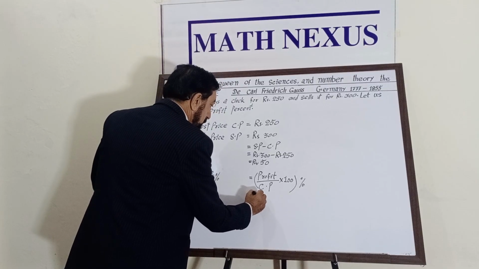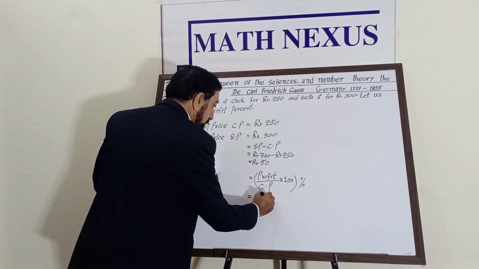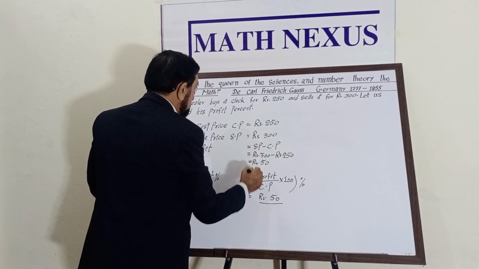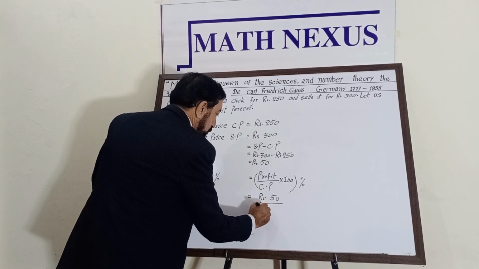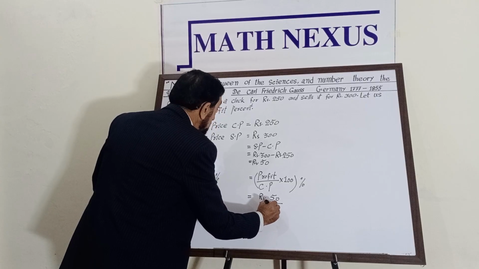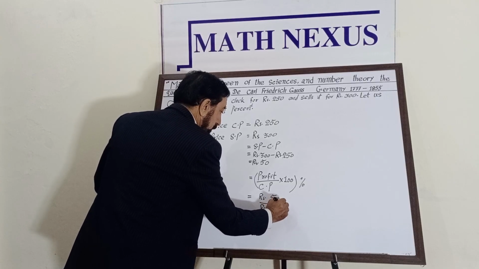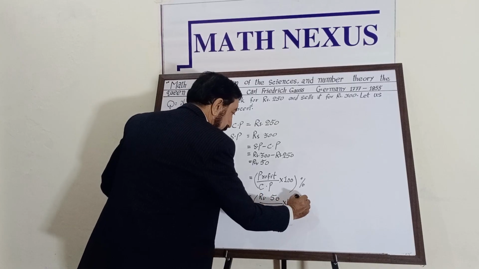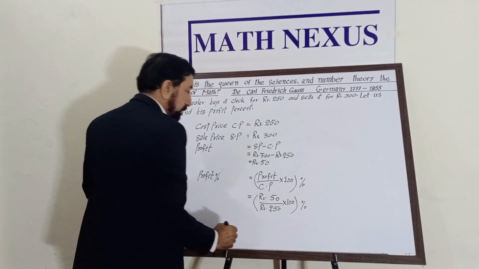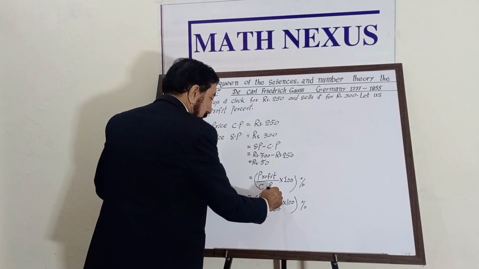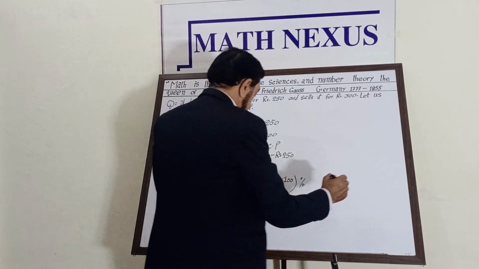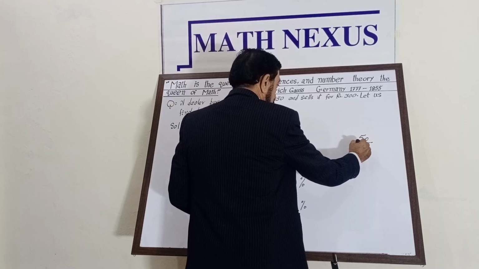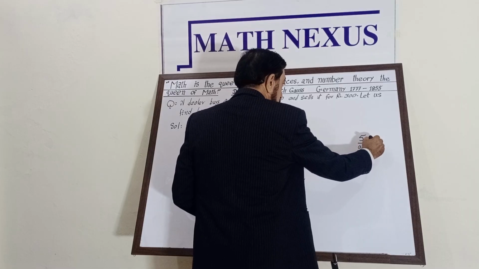Profit rupees 50 upon cost price 250 into 100. 50 upon 250 into 100.